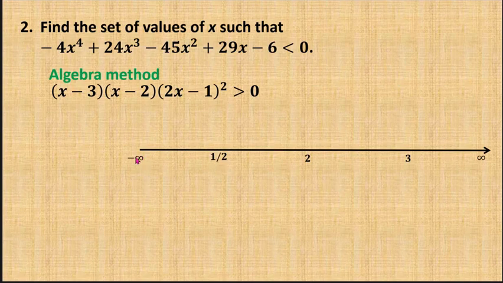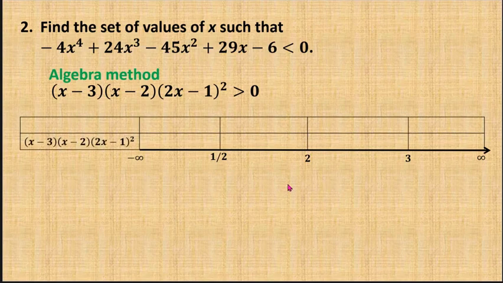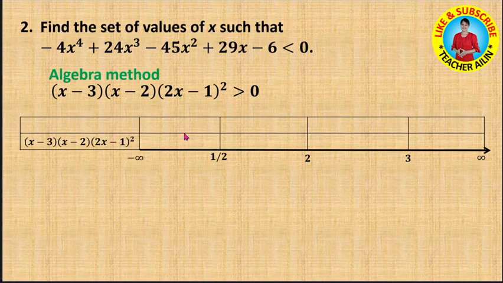The first region is from negative infinity up to 1 over 2. The second region is from 1 over 2 to 2. The third region is from 2 to 3. And the fourth region is from 3 to positive infinity. For each region, I'm going to test the value of the polynomial. In the first region, one value of x is chosen.